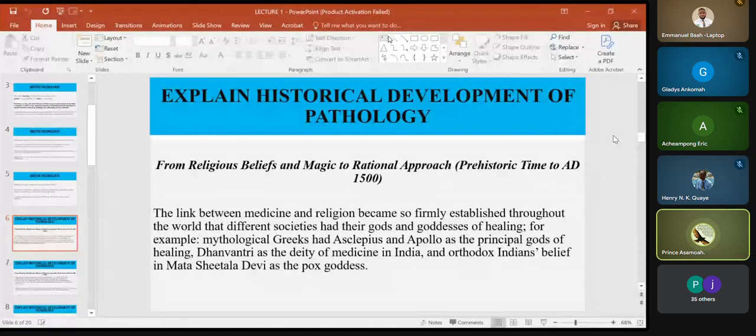Even when you go to ancient Israel, you realize that a lot of the health belief systems were intertwined, were actually part of the oracles that God gave to Israel. So you go through the books of Moses, even when it's nutritional.